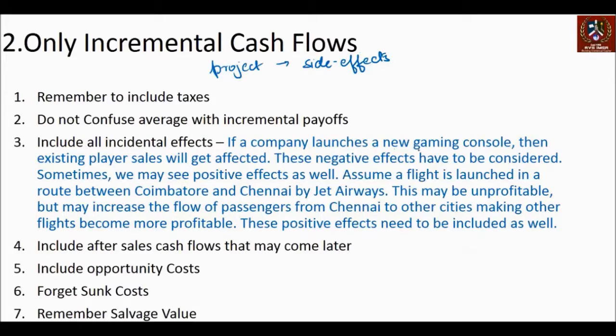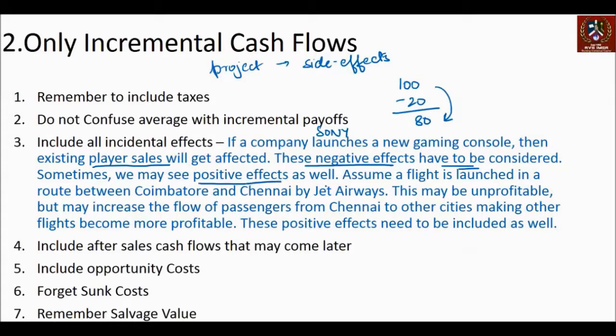If a company launches a new gaming console, let's say a company like Sony launches a new gaming console like PlayStation or something, the existing player sales will get affected, right? So these negative effects have to be considered in your cash flows. So if your cash flow is coming as 100 and you're losing 20 in existing players, the net cash flow is 80 that you have to consider.